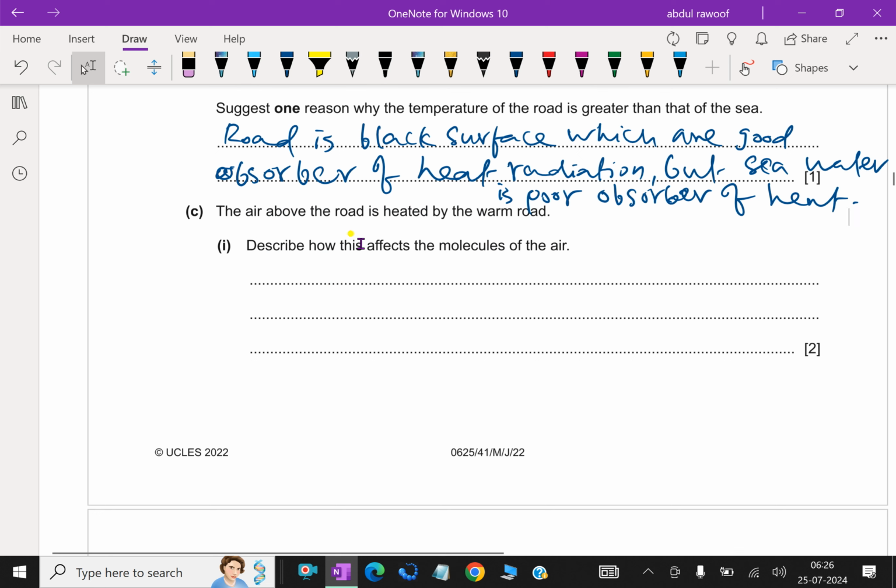The air above the road is heated by the warm road. Describe how this affects the molecules of the air.